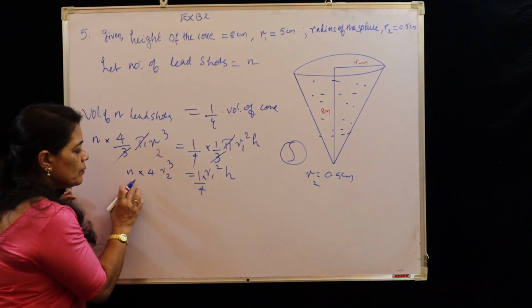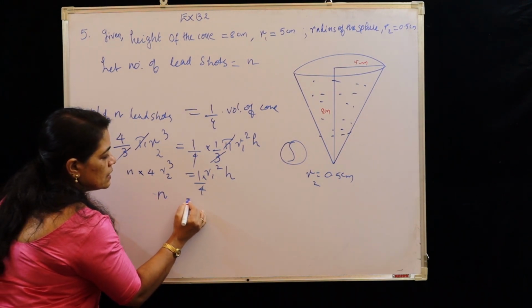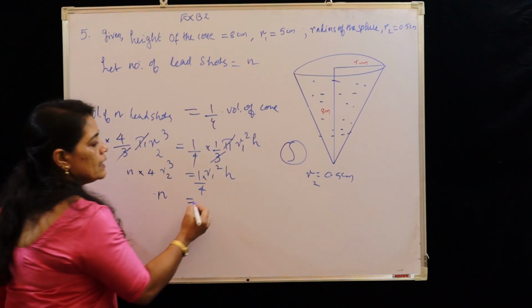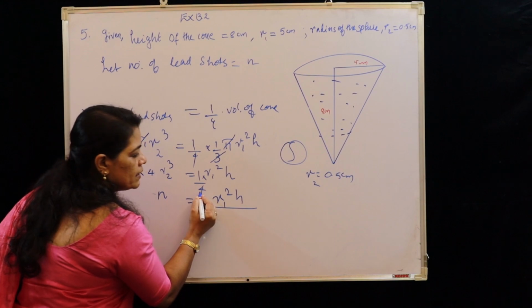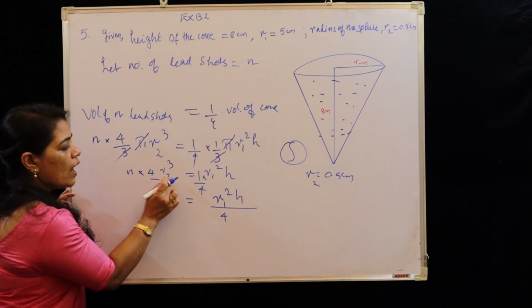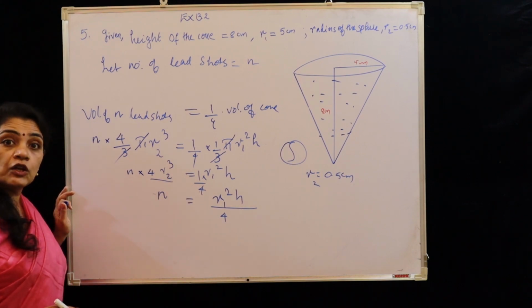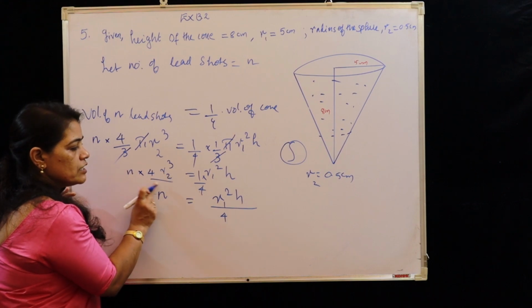And I am going to keep n alone on the LHS. That means n is equal to R1 square h divided by 4, and this 4 R2 cube will come to the denominator from LHS to RHS, since multiplication becomes division.